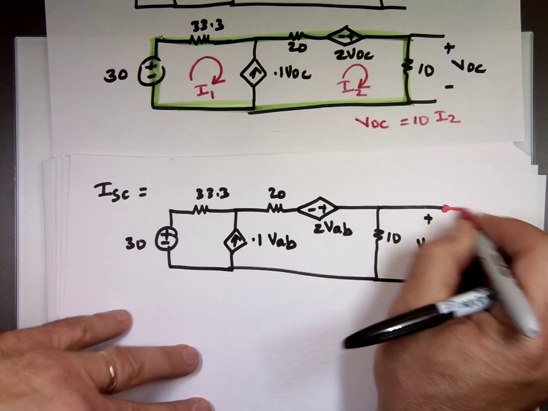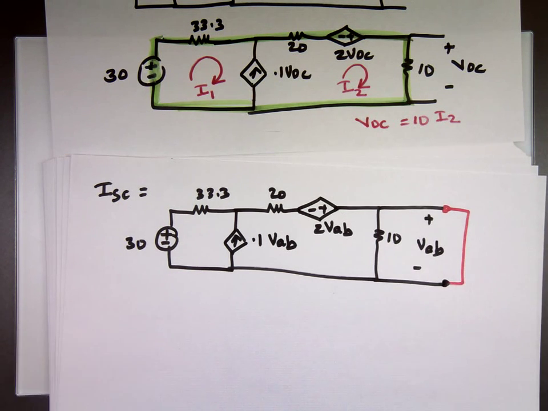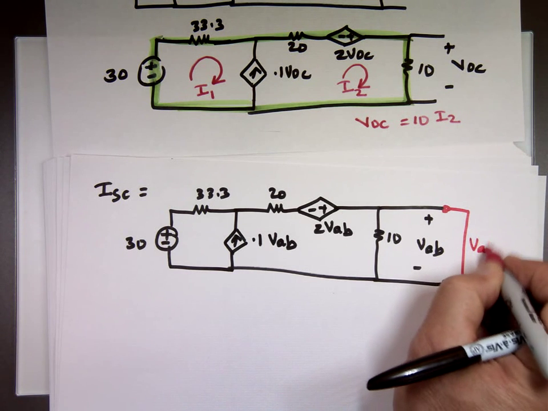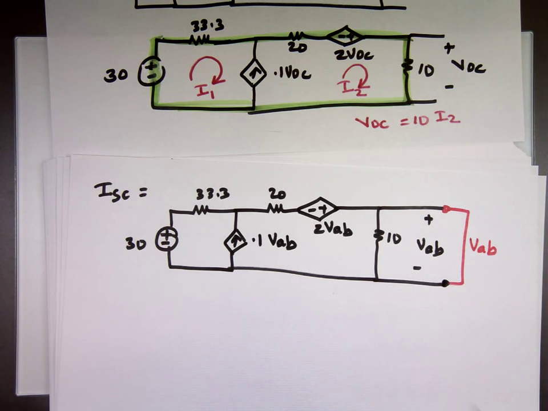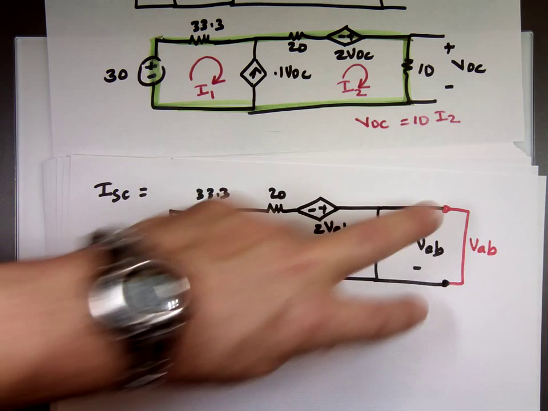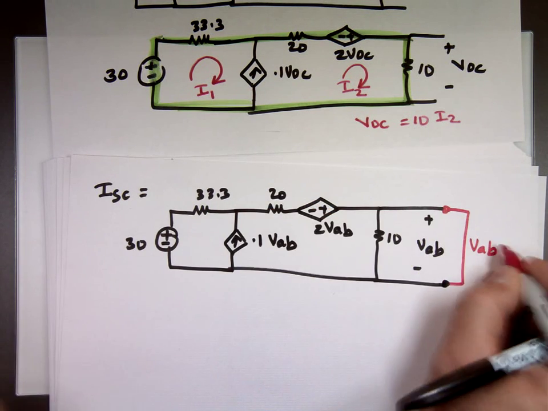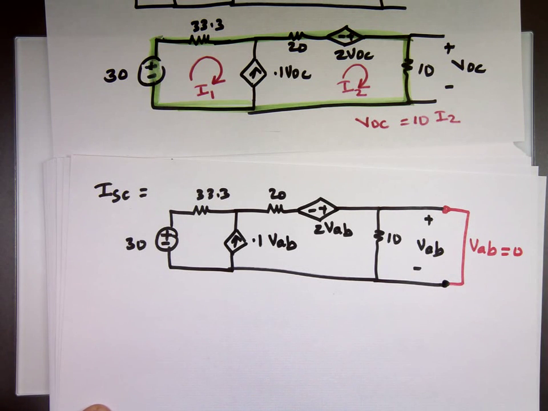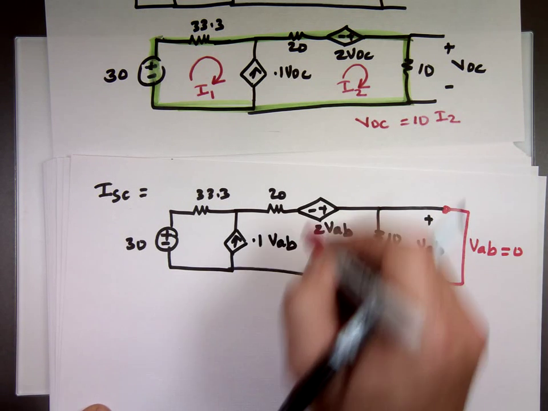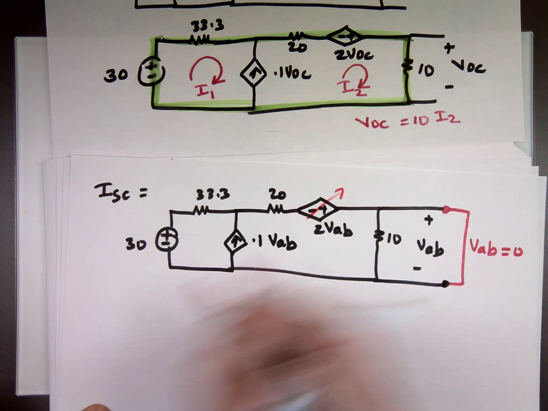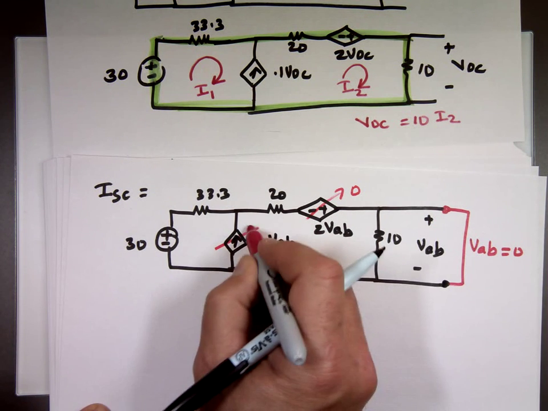And when you stick a wire, what happens to VAB? What's the voltage right here when you have a wire there? 0. If this is 0, guess what happens here? That's 0. Guess what happens here? That's 0.